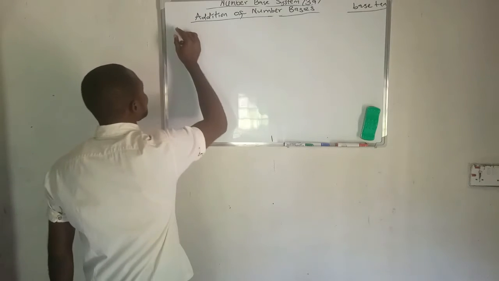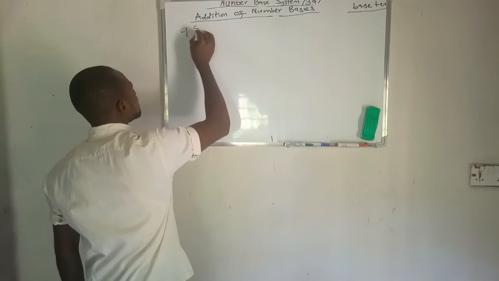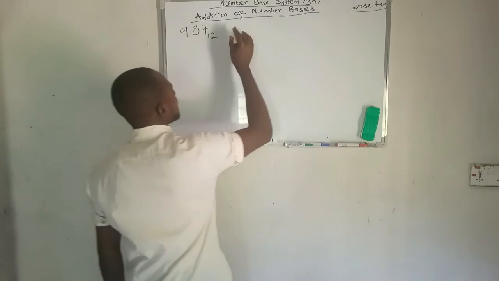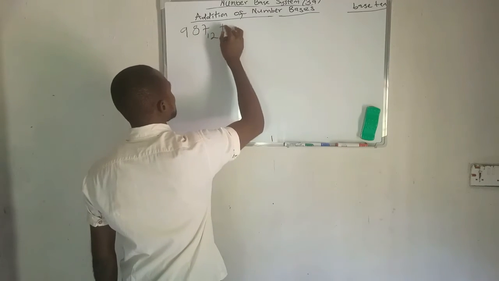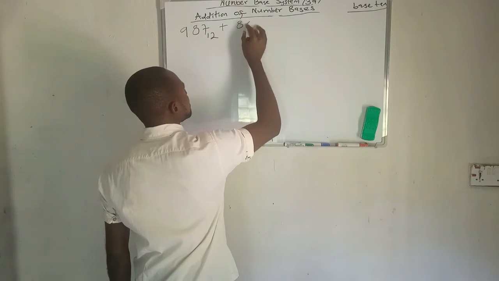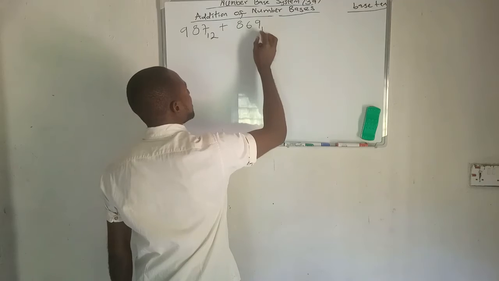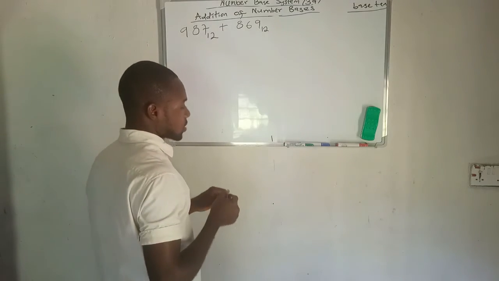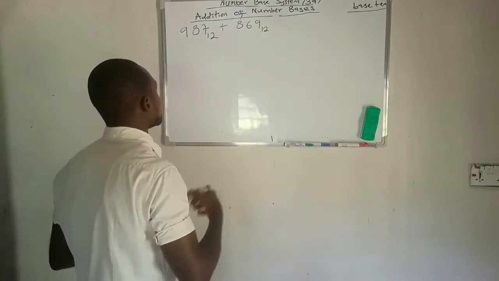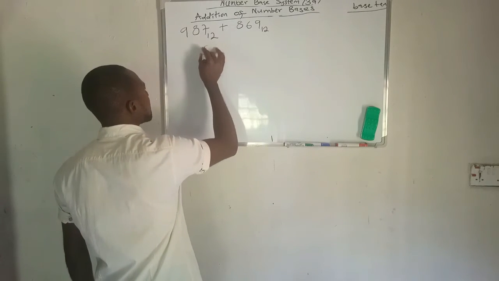So let's have 987 base 12 plus 869 base 12. So we are going to be doing this the same way we did the other ones.